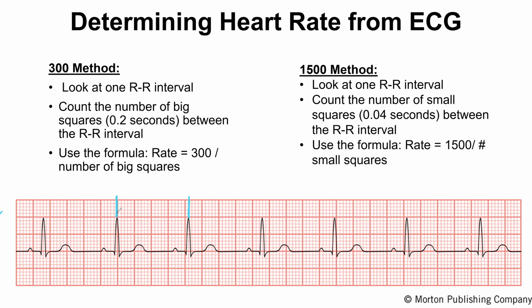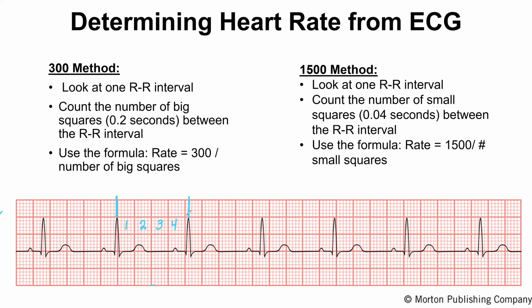Now I'm going to count the number of big squares between those R to R intervals. I chose these ones because they're pretty darn close. So we have 1 big square, 2 big squares, 3 big squares, 4 big squares, and it's like a fifth of a big square.